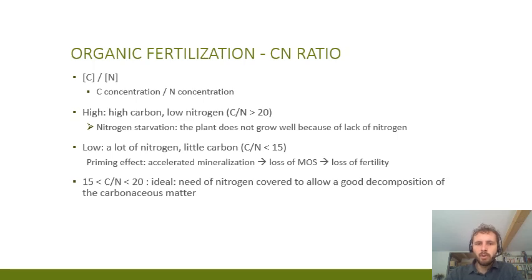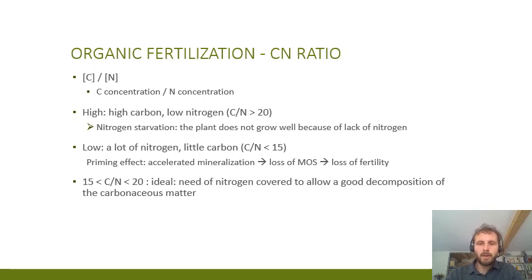And if you have a low CN ratio, a lot of nitrogen and little carbon, so for instance at 15 or 10, you will have this so-called priming effect. So you will give a lot of nitrogen for the microorganisms, but not much carbon, so they will use the carbon from the soil, and that way you will have an accelerated mineralization, a loss of organic matter, and a loss of fertility.